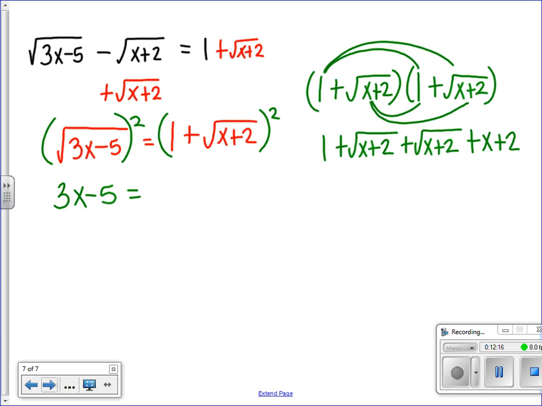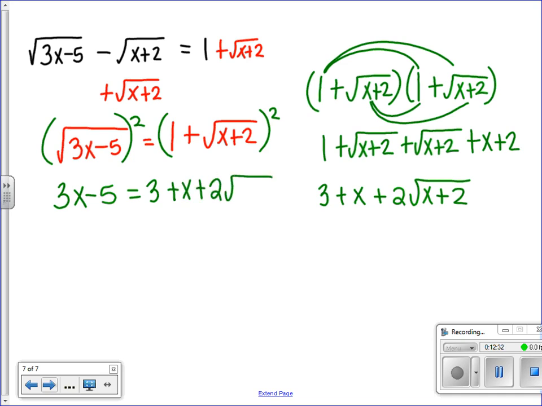It's going to be 3 plus x plus 2 times the square root of x plus 2. That's what I have going on right there.